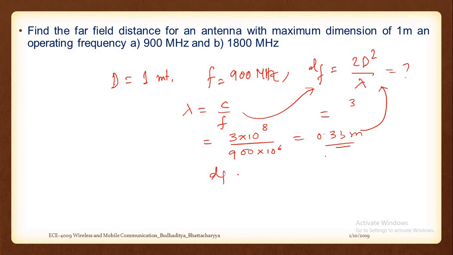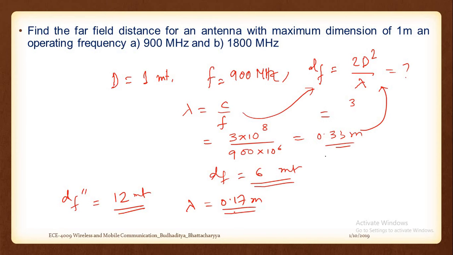So your DF will come around 6 meters. Okay. Now if you consider this DF and the second option as DF double prime with respect to 1800 megahertz, your DF double prime should come around 12 meters. Same formula, same thing, except that lambda will come around 0.17 meters. So this is for the second case.